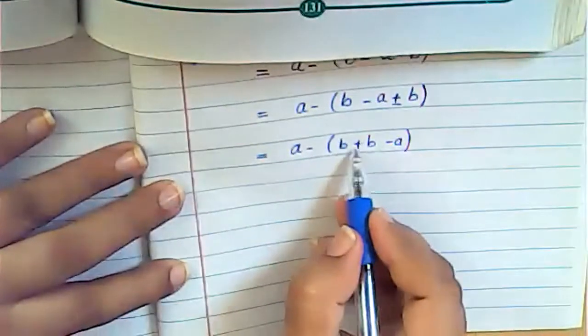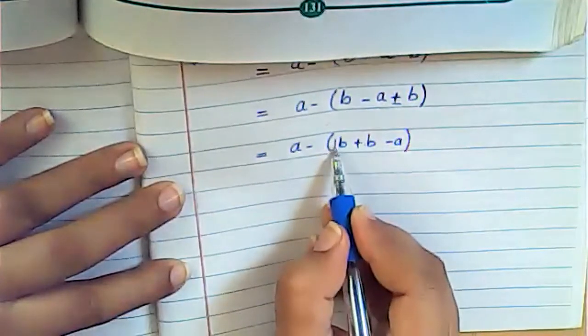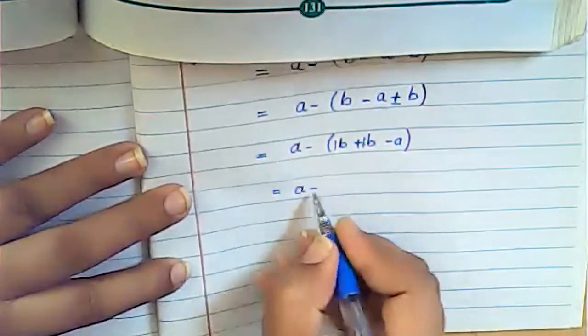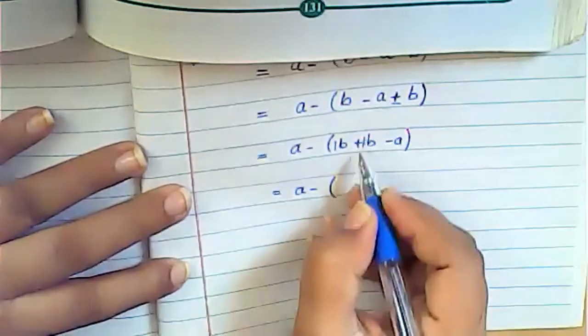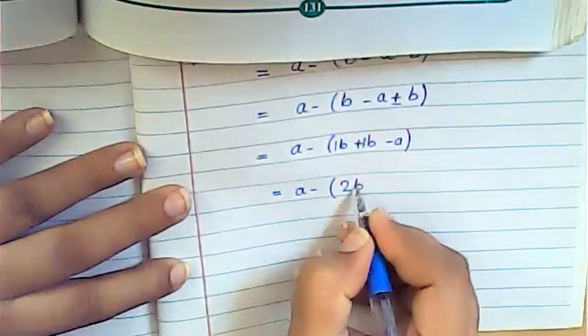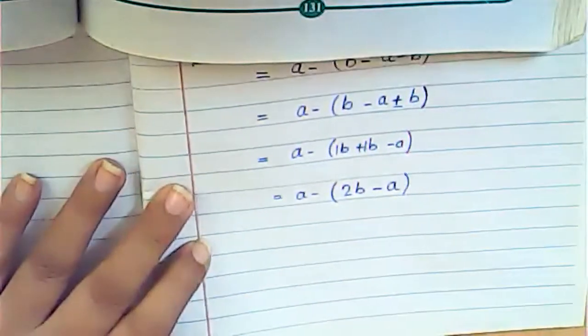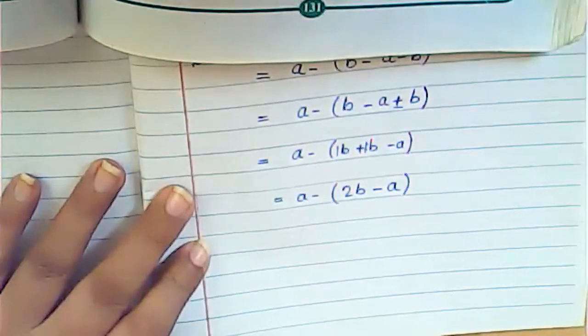Now this is B plus B, so it will be added, 1 and 1. So you will write A minus, 1 plus 1 will be 2B minus A. Right? 2B minus A.